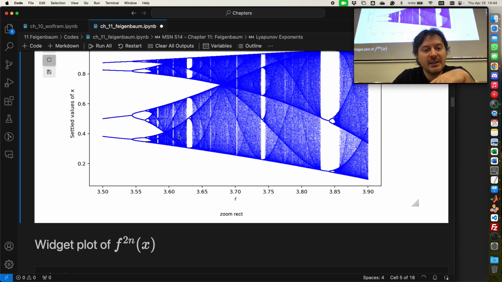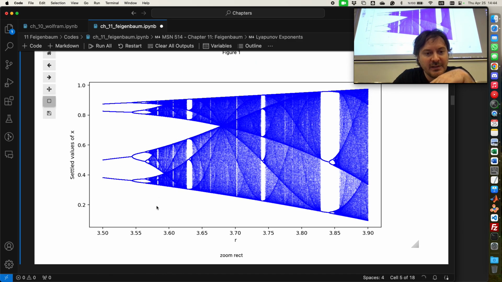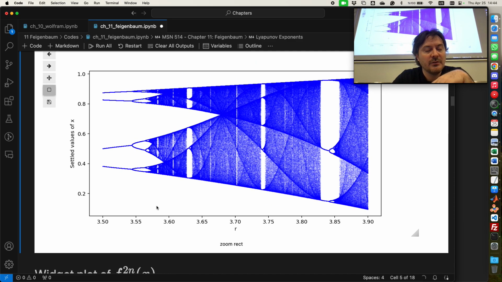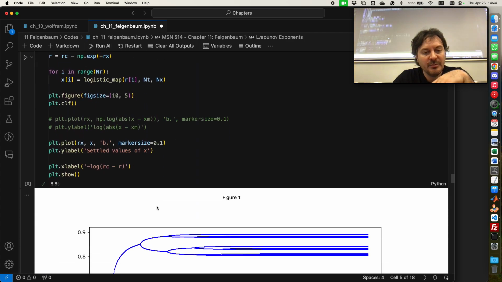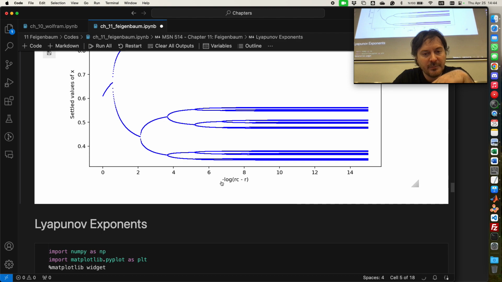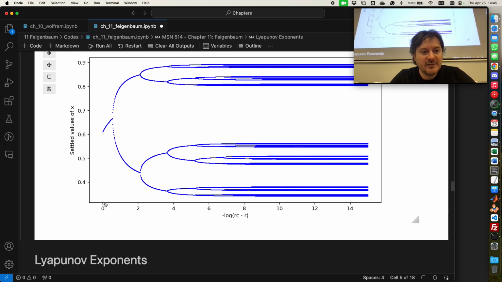Now, what we are doing instead is we know where it hits the chaos, right? So we are approaching that point logarithmically, meaning that the x point is minus the logarithm of r critical minus r. Who can explain what is going on here? Anyone? So what is 0 here?